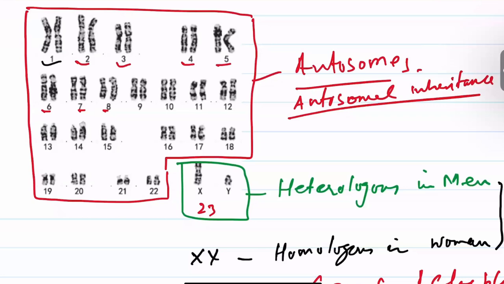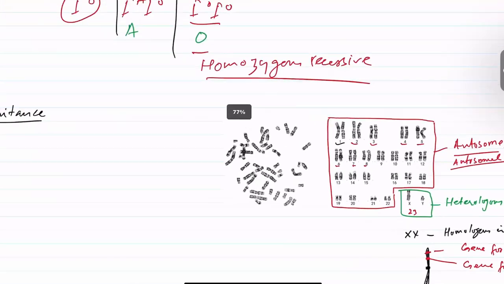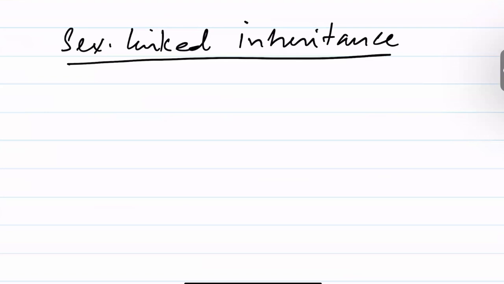We'll discuss what the reciprocal crosses mean. Okay, so let's see inheritance of hemophilia.